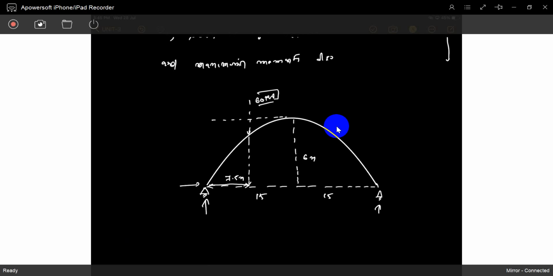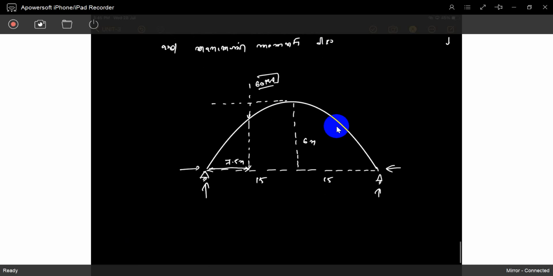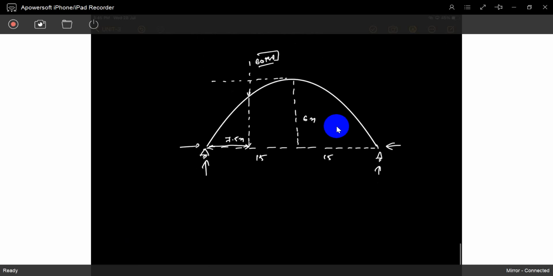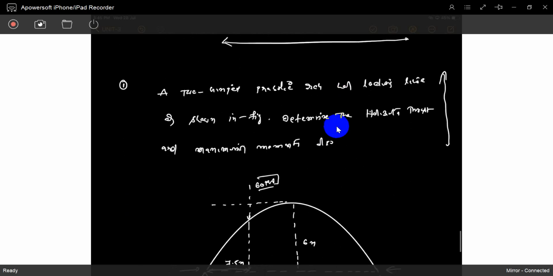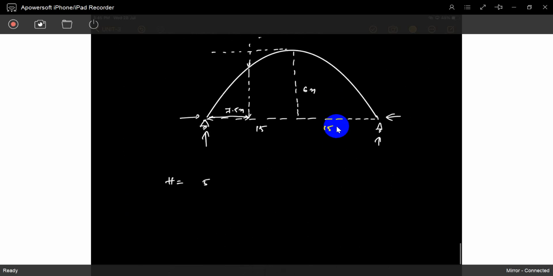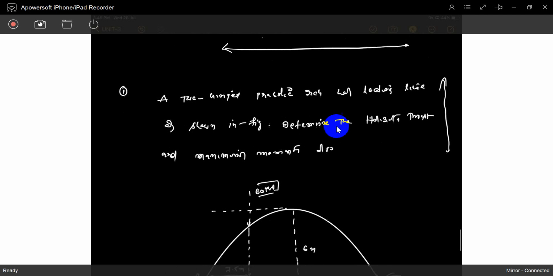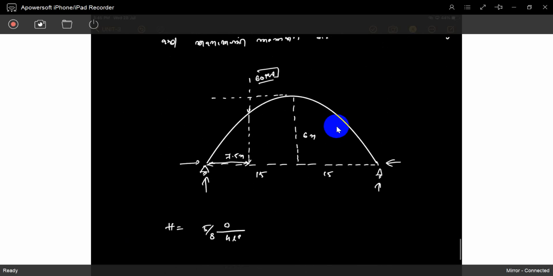That's it. What is the H value? You can write down the formula if you have remembered it. What is that formula? 5 by 8 W, then H L cube, a L minus a L square, L minus a square.